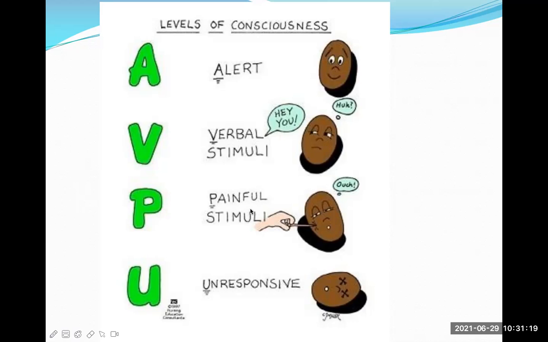P, only responding to painful stimuli. No verbal stimulation is successful. And U for unresponsive. This is unconscious. So this is a very easy way. And if your consultant asks, according to the AVPU scale, what is the condition of the patient? You answer the same way: Doctor, the patient is in V, that means verbally responding. That is the way.